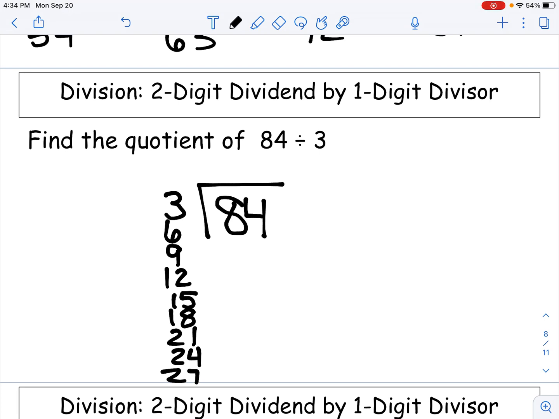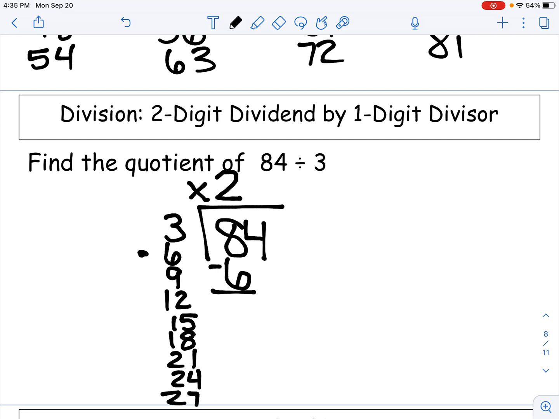All right, so I'm going to start with this 8 right here. If I have 8, how many groups of 3 can I get? The closest to 8 without going over is this 6 right here. So that tells me if I have 8, I can get 2 groups of 3. And 2 times 3 is 6.